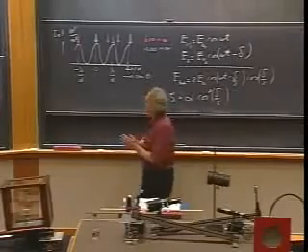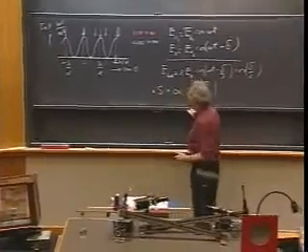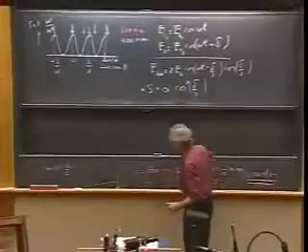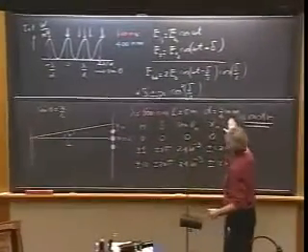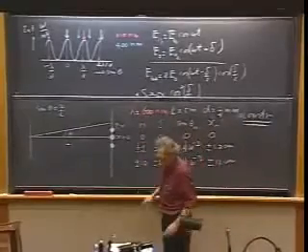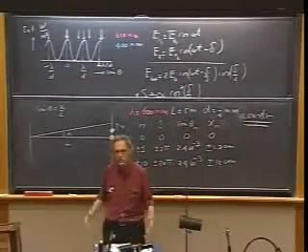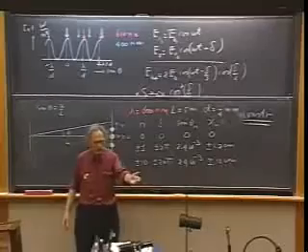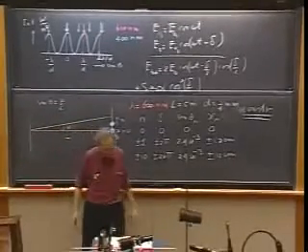The experiment that I'm going to show you has a separation of the slits which is 1/4 millimeter. My wavelength is 633 nanometers, and the distance to the screen is about 5 meters.